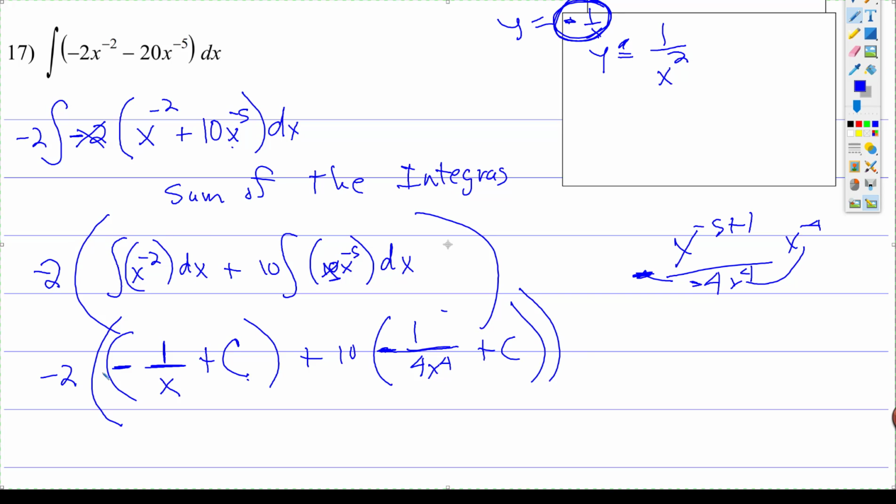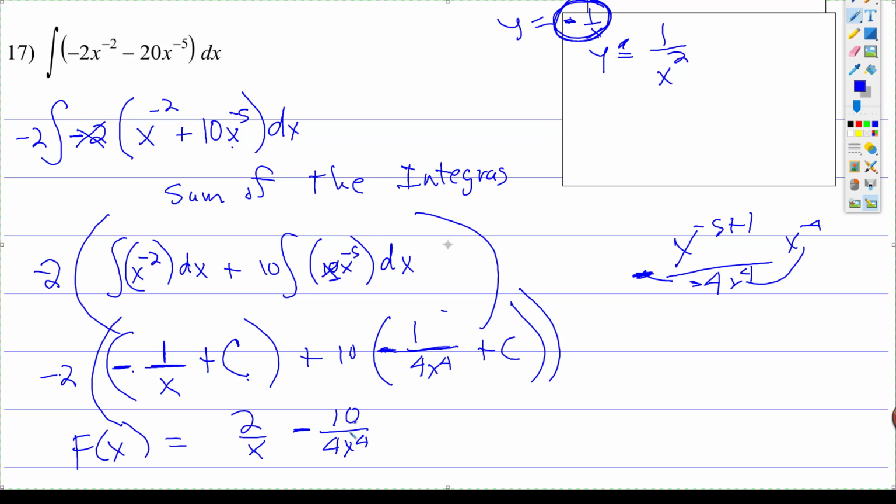And now we're going to multiply negative 2 times each of those. So we can say f of x is equal to, well, negative times negative is positive, so this one is 2 over x. This is negative times positive, so this is subtract 10 over 4x to the fourth.